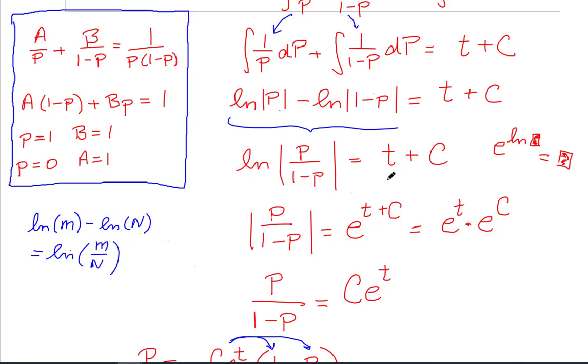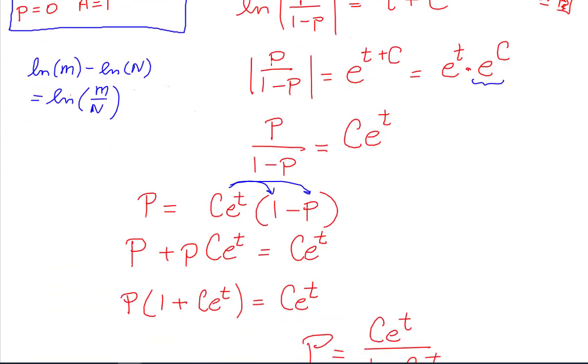On the right hand side, I split this again, and I'm going to let this e to the c be this c. At the same time, to get rid of the absolute values, it would be plus or minus, but again, that's all absorbed in this c.